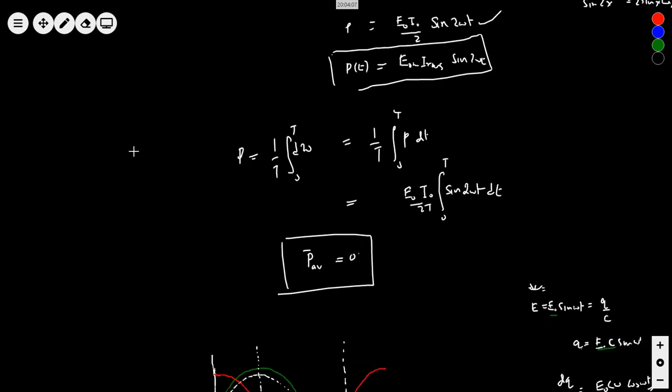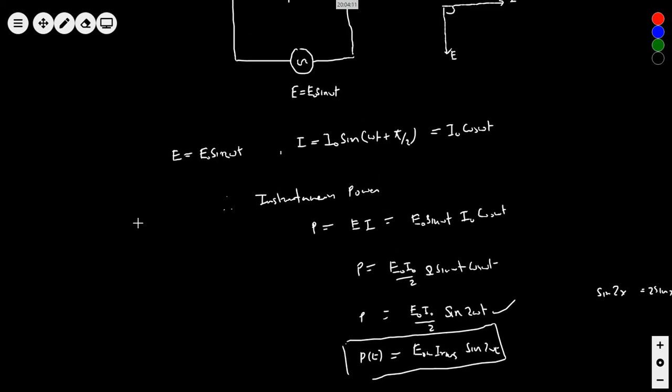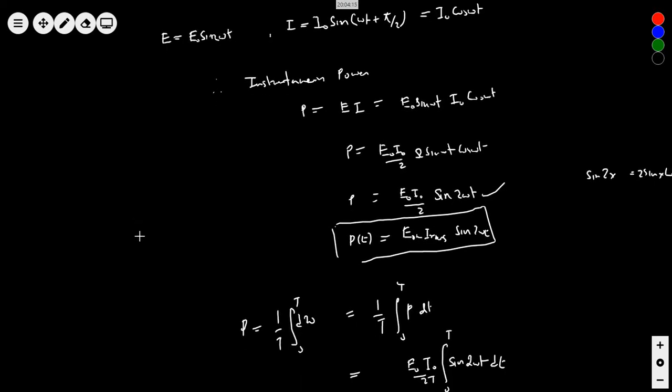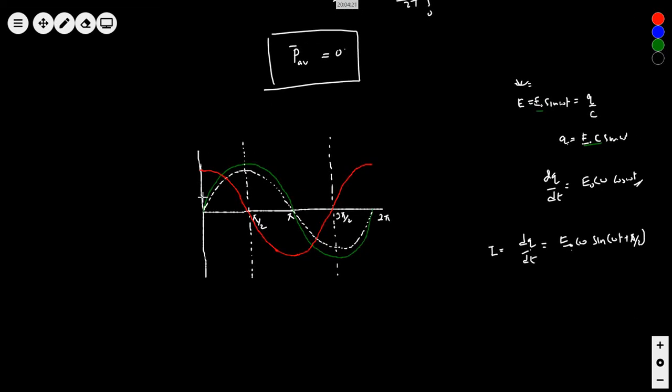What is the instantaneous equation of power? The instantaneous equation of power is, where is it? Okay, E RMS, I RMS sine 2 omega t. Again it is a 2x function, so you know how to draw it. So it will be like this.